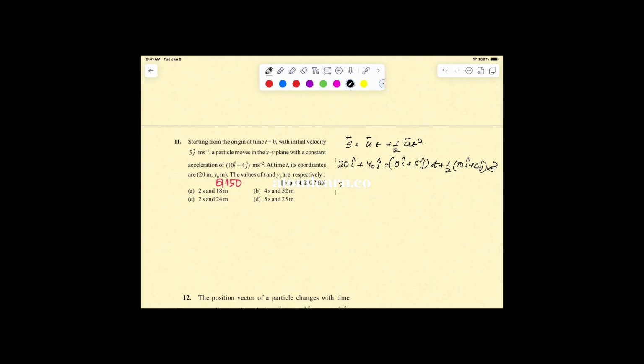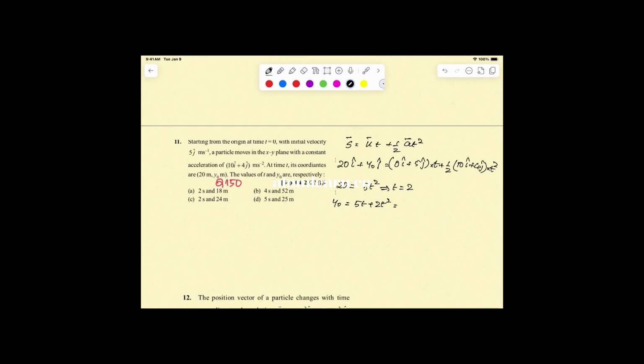Therefore, we say that 20 i cap on the left hand side is equal to 0 times t plus 5 t squared. From here we know that t is equal to 2. Next, y naught equal to 5t plus 2t squared.